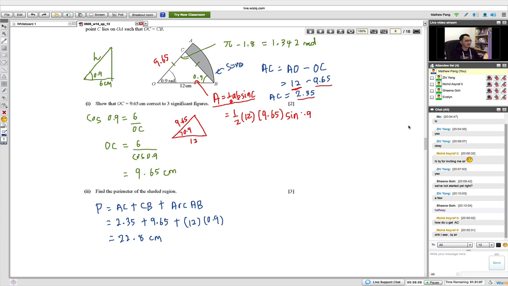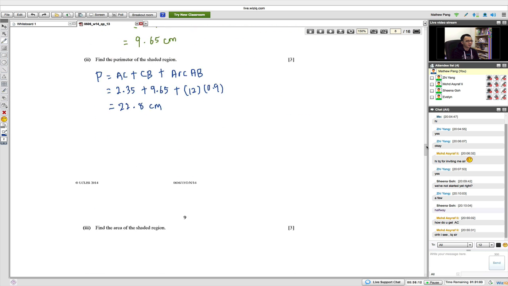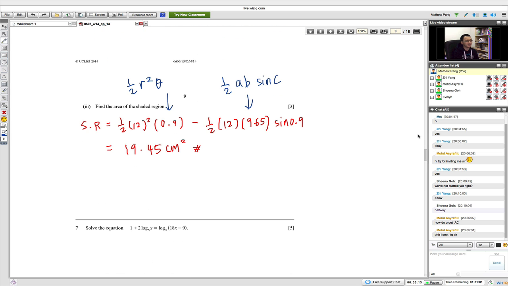You have to understand all this. But it will not be too difficult if you understand all the formulas, because this one is just substituting into it, and I think the answer should be correct. So the answer will be 19.45, or you can round off to 19.5. It's okay. Okay, so I will move on.